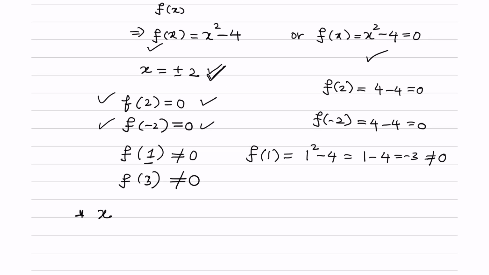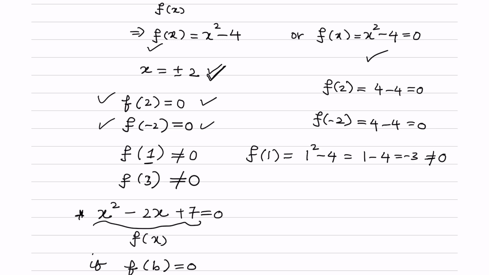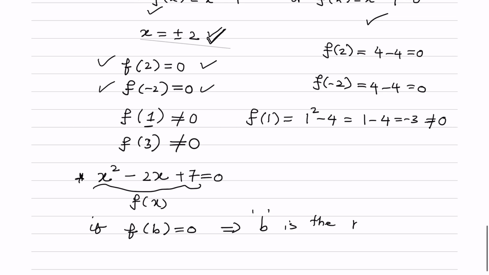So again, if we have some equation, let's say x square minus 2x plus 7 equal to 0, and if we are calling it f of x, then if f of b equal to 0, we will say b is the root of an equation.